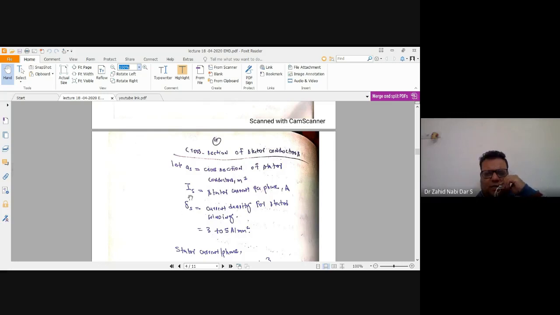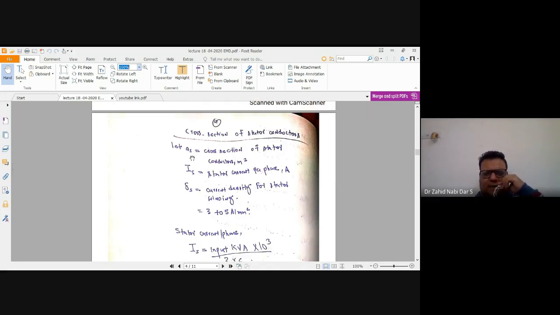Similarly here, let As be the cross section of stator conductors in meter square. You have to see very carefully which dimensions you are having. If it is millimeter or centimeter, accordingly you have to substitute in the equation. So this dimension and unit is very important in the calculation part.